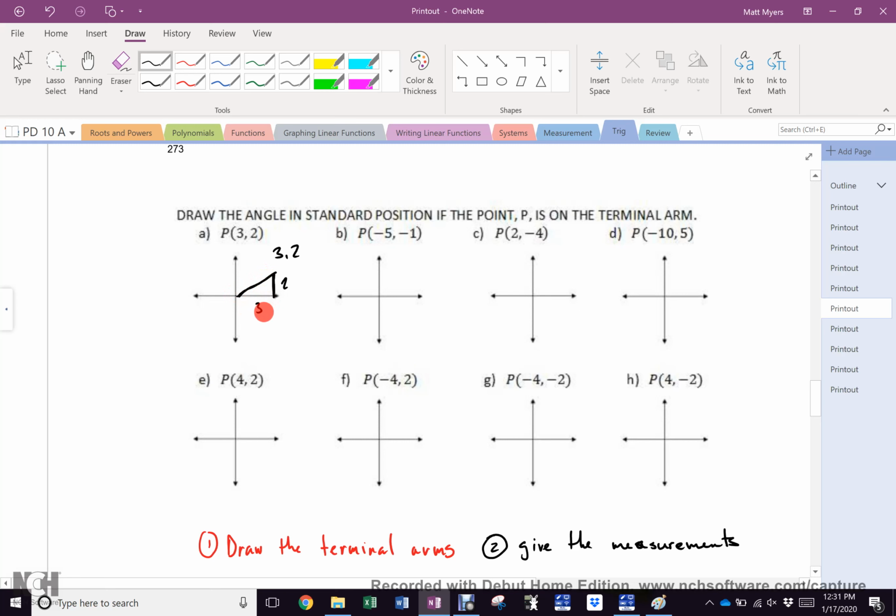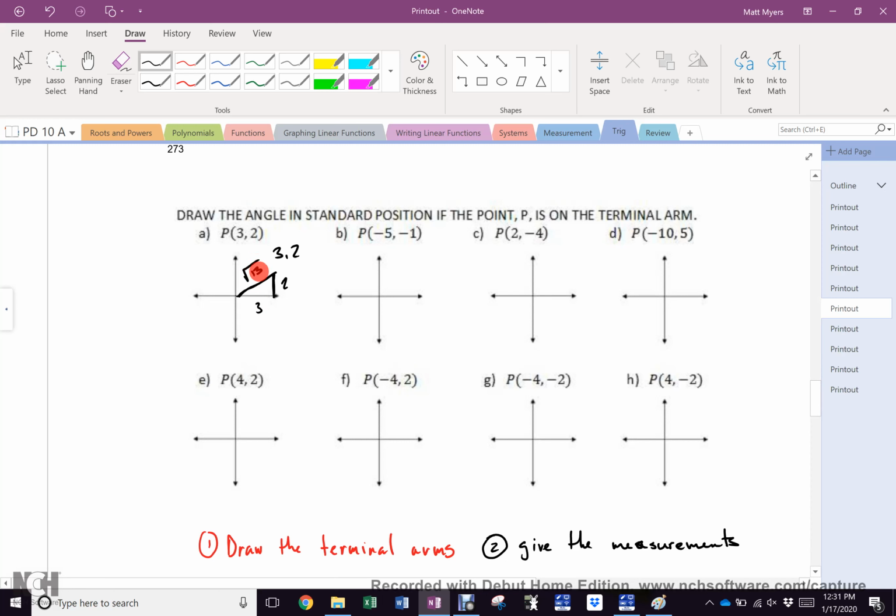What's 2 squared? 9 and 4. Why am I hearing more than one answer? 9 plus 4. Somebody said 12. Somebody said 15. I don't care. Go. What is 9 plus 4? 13. So this is square root 13.